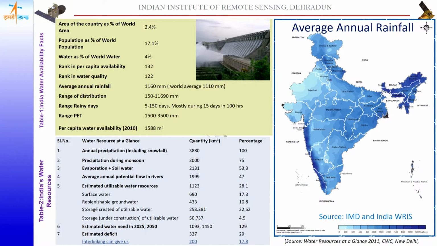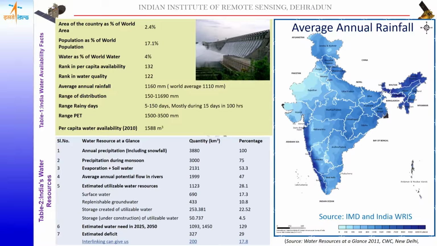And if you see the total countrywide statistics, we get approximately 1160 millimeter of rainfall, with the number of rainy days between 5 to 150, and our share of the global water sources is 4%. And population wise we are higher.